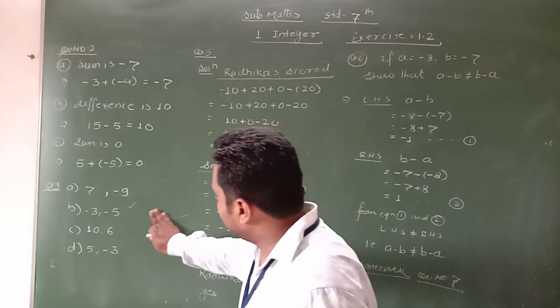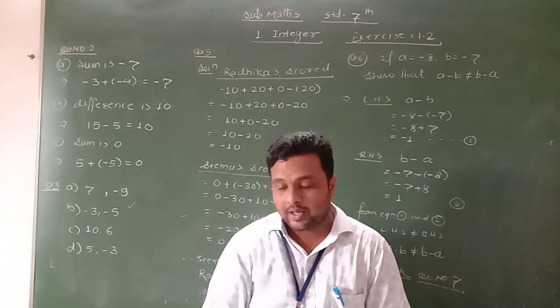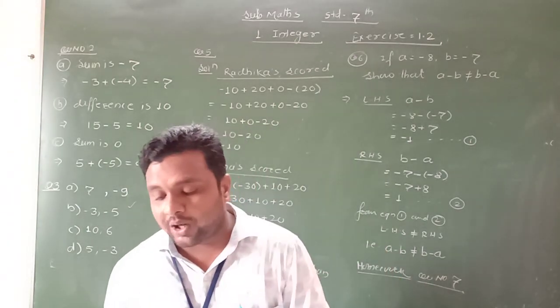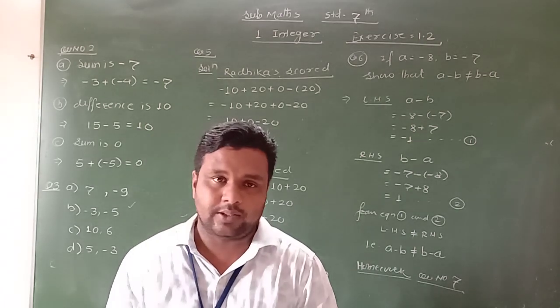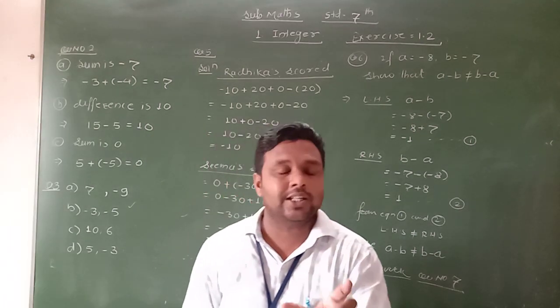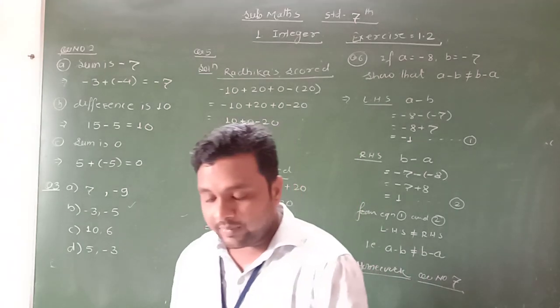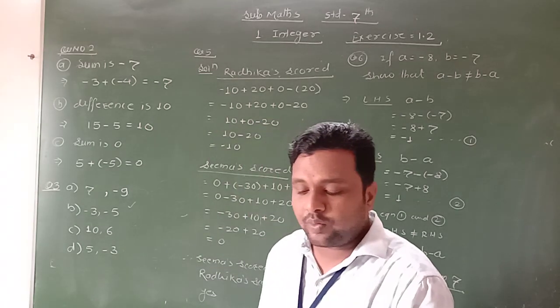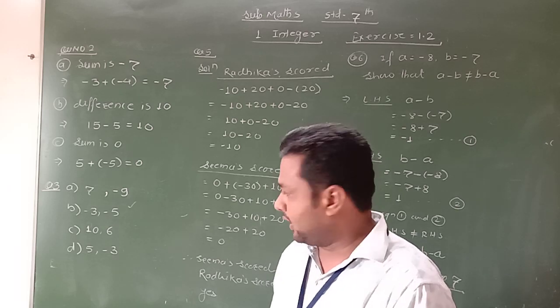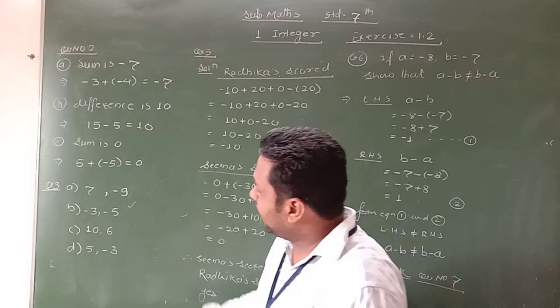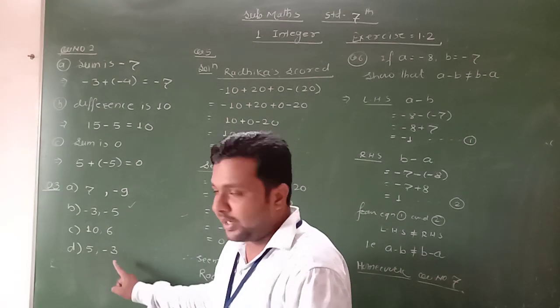Then part D: an integer smaller than only one of the integers. In this question the condition is that, out of these two integers, the sum is smaller than one and greater than the other. Therefore here I take 5 and minus 3.